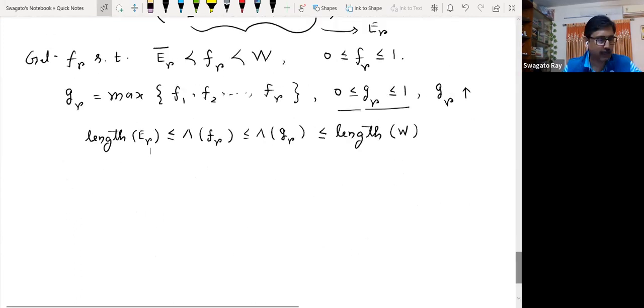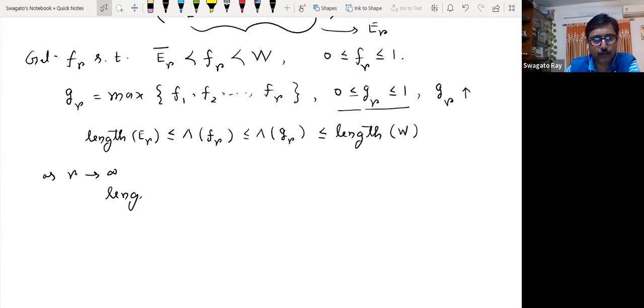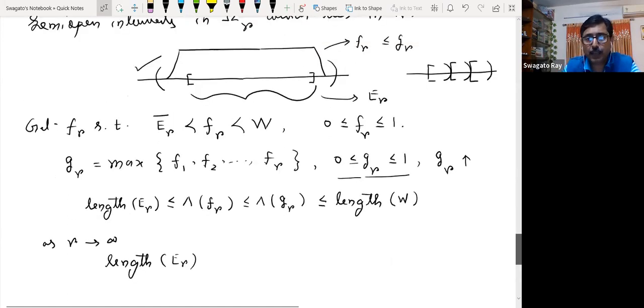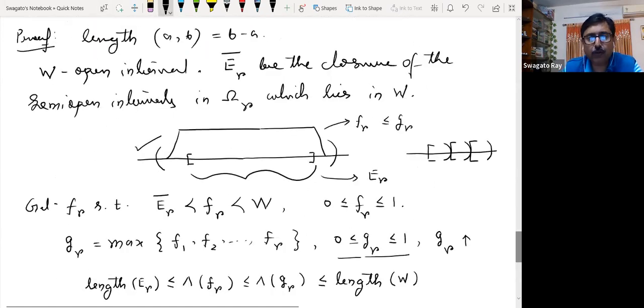I'm almost there. Now, as R goes to infinity, where does this length go? Well, if you again look back at the picture, if you choose smaller R now, then many more subdivisions will appear.